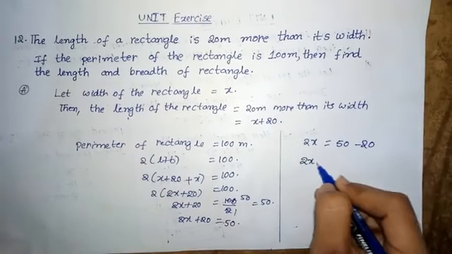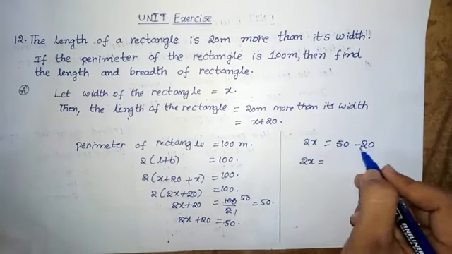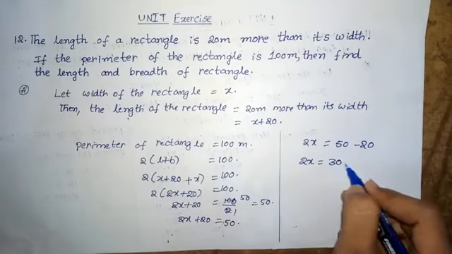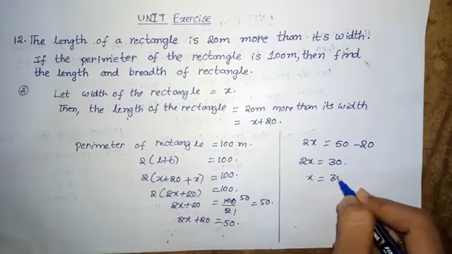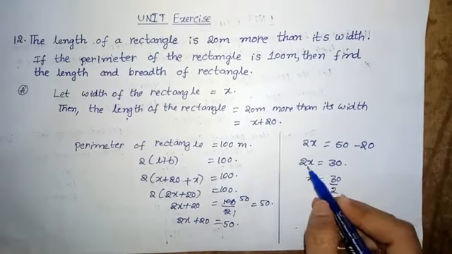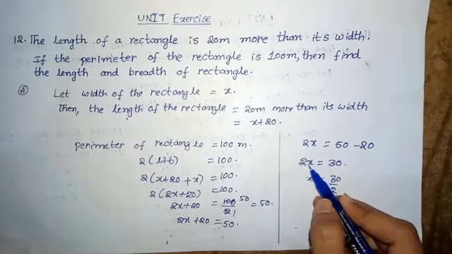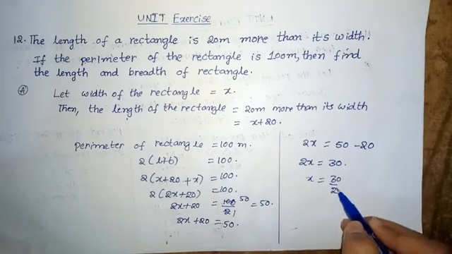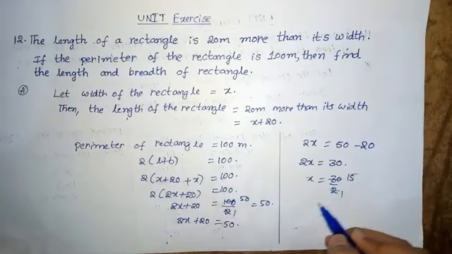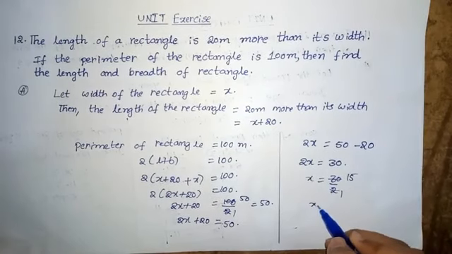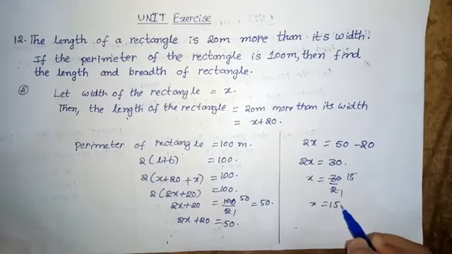So 2x is equal to 50 minus 20, which becomes 30. So x is equal to 30 by 2. The 2 is multiplication with x, so multiplication moves to the right side as division by 2. 2 ones are 2, 2 fifteens are 30. So x equal to 15.